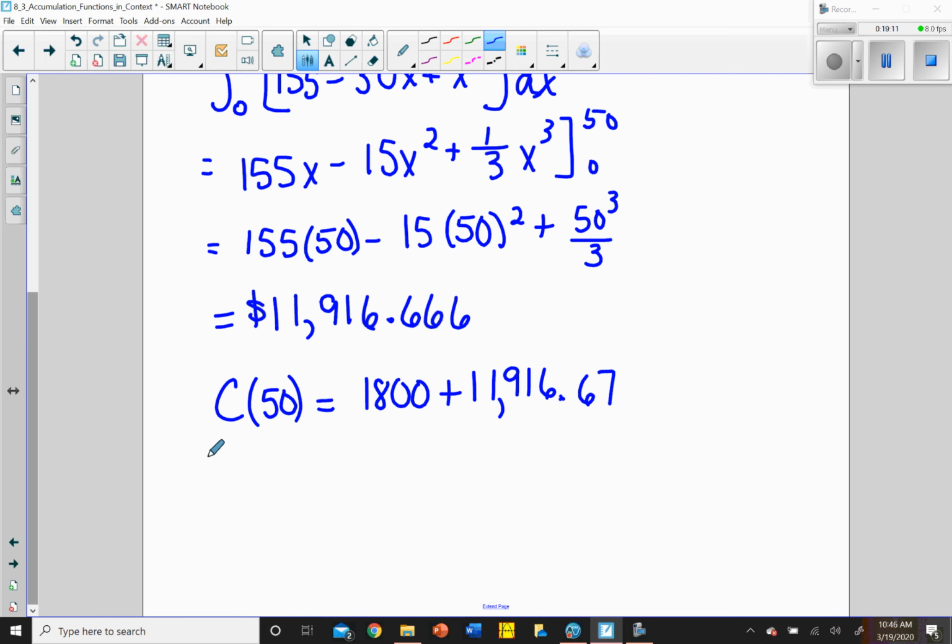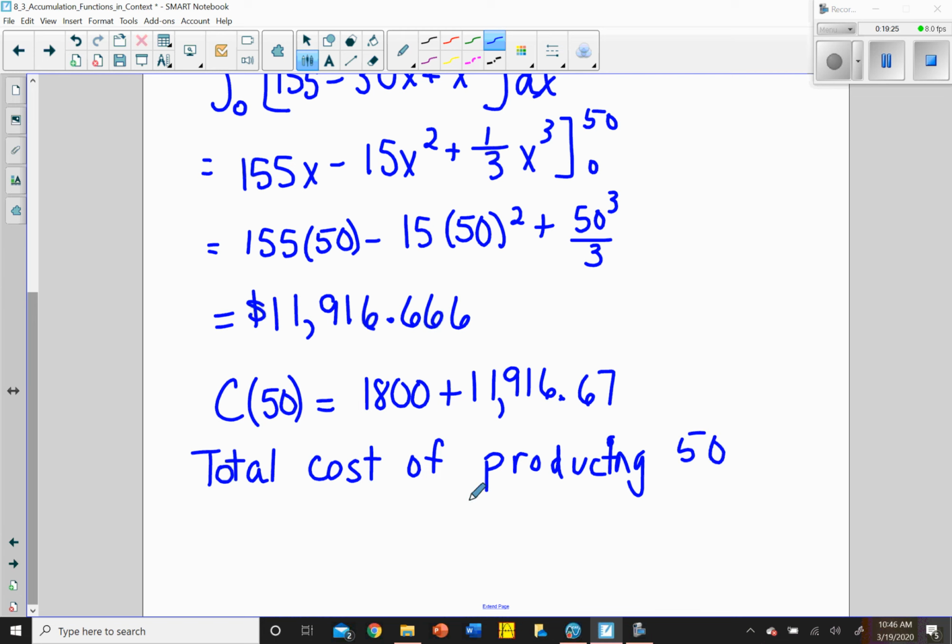So our total cost is the sum of those. For producing 50 widgets is $13,716.67.